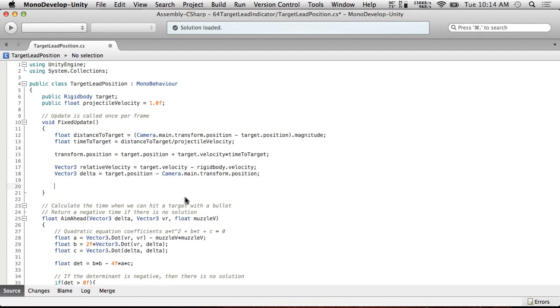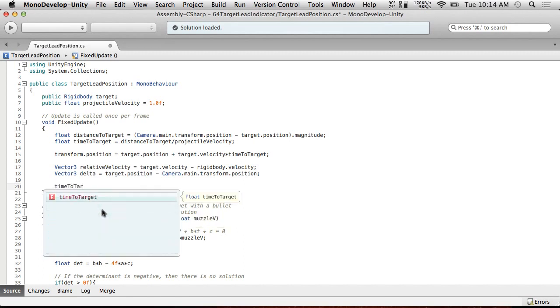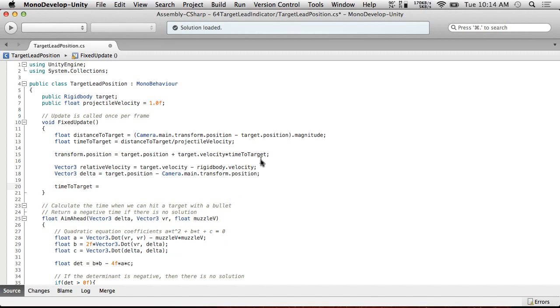So we get these, and then we do aim ahead, not distance, time. We're going to call it float time to target because we're probably going to just be using this portion. I'm just keeping this stuff up here for reference.